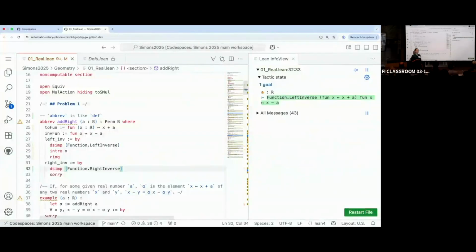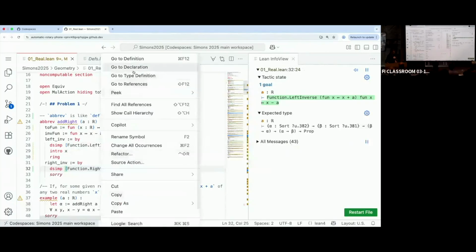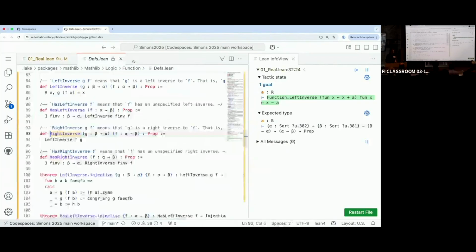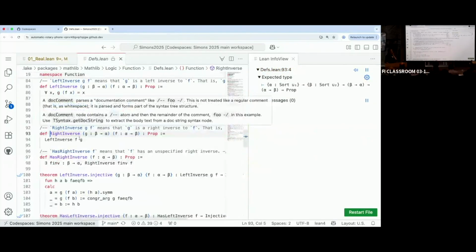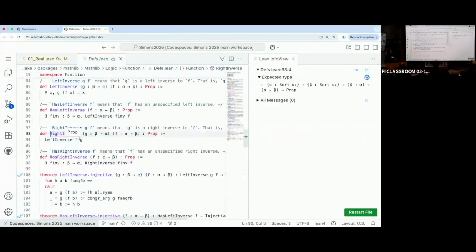So many people got this far. And then the question is, now we've got a goal which is still expressed in terms of left inverse. So clearly what that means is that if you look in the library at where right inverse is defined, they've taken the quick definition and said that A being right inverse to B is defined to mean that B is left inverse to A.